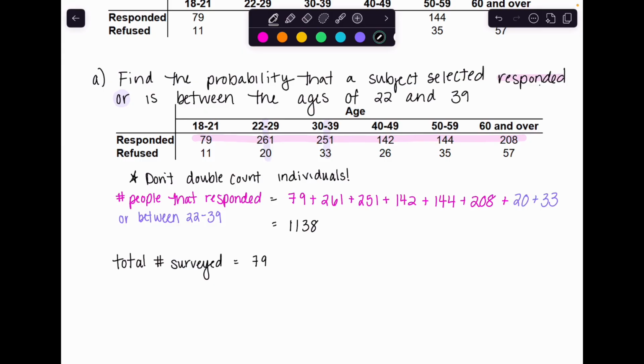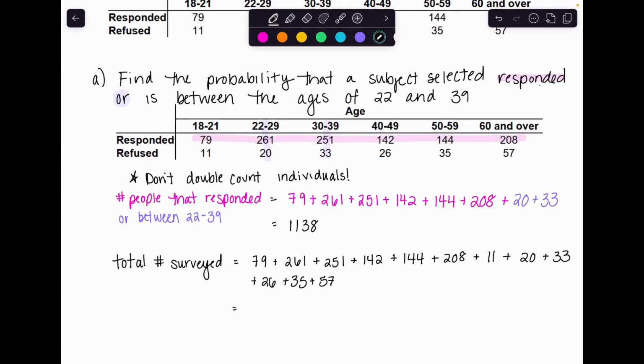So I'm going to start by adding the first row together: 79, 261, 251, 142, 144, 208, 11, 20, 33, 26, 35, and 57.